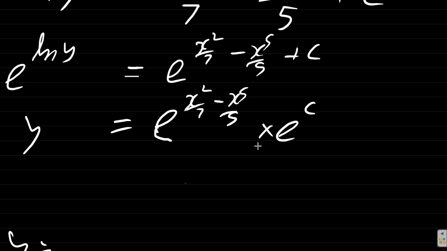But e to the c is yet another constant because e is a constant and c is a constant. So we could call it A. So we could bring the A in front and say y equals A e to the x to the 7 over 7 minus x to the 5 over 5. Right? Or you could say A times e to the x to the 7 over 7 over e to the x to the 5 over 5.